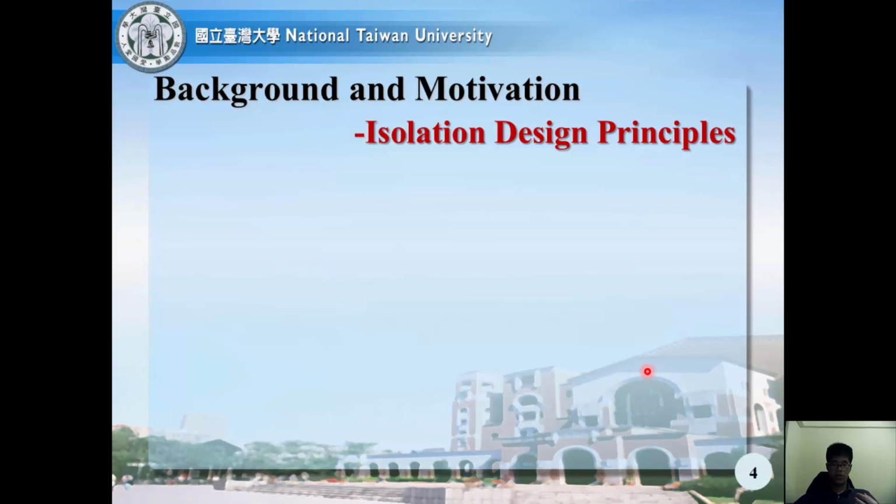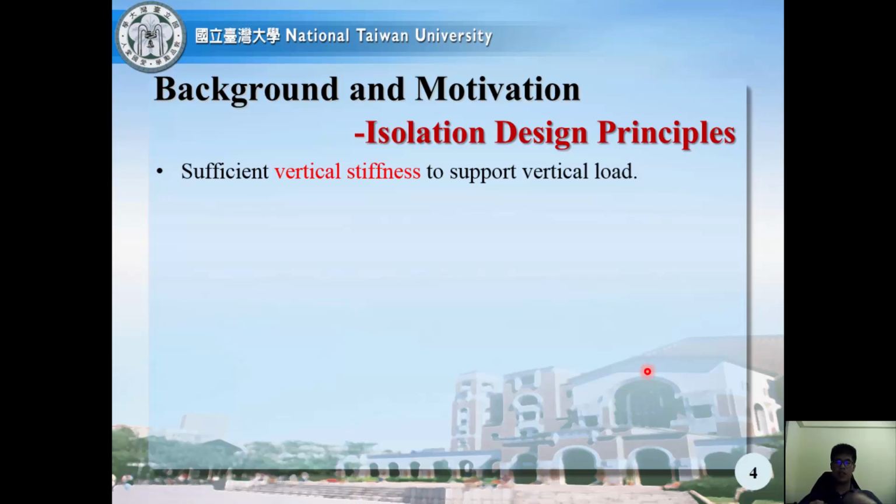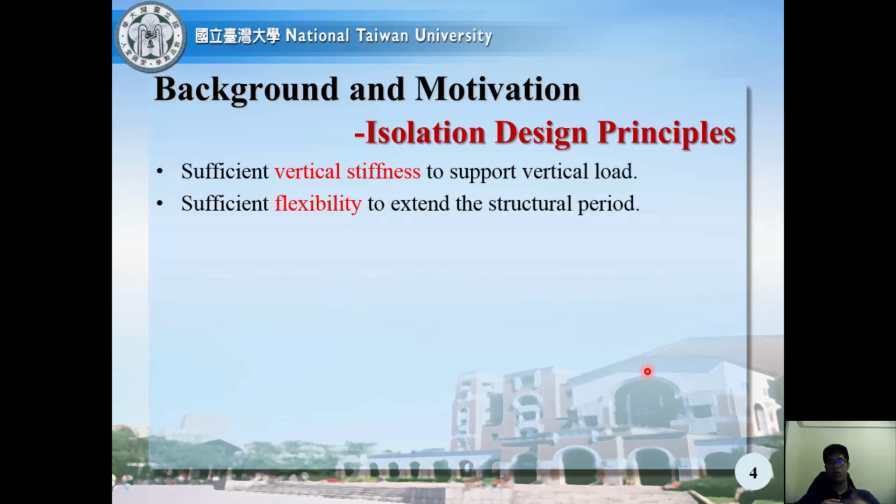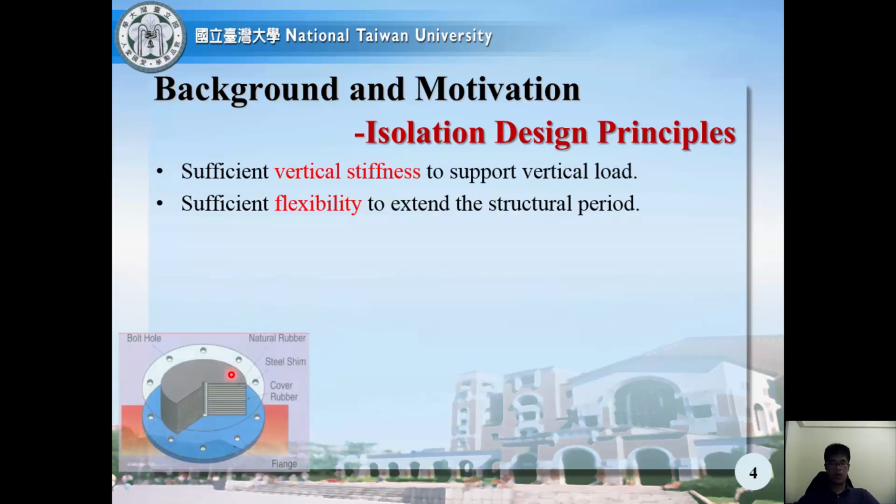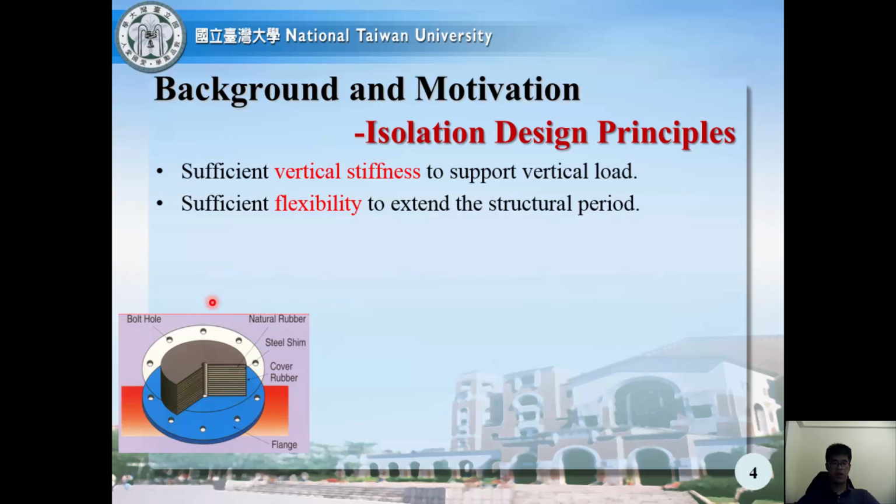Here I'm going to introduce some isolation design principles. First of all, we need a sufficient vertical stiffness to support the vertical load. Second, in order to lengthen the lateral structural period, we need sufficient flexibility. This is a schematic drawing for the lead rubber bearing.